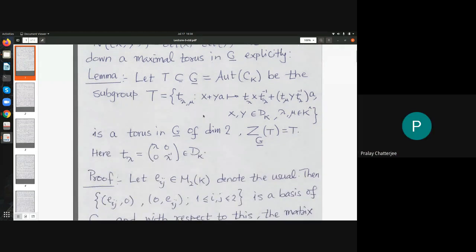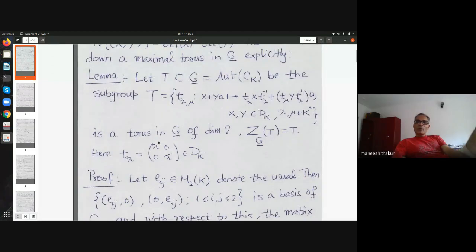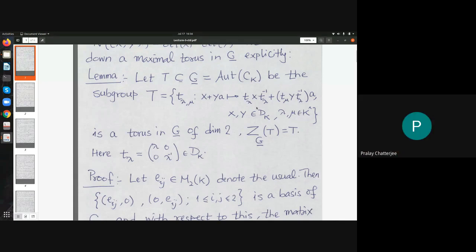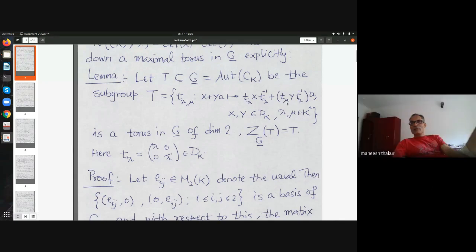And T mu, what is T mu? T mu will be mu inverse again, like this. So we saw this automorphism before. What is missing here is, you can make it look like what I described before by putting a T lambda here and multiplying by T lambda inverse, and that T mu T lambda inverse will be the norm one element.